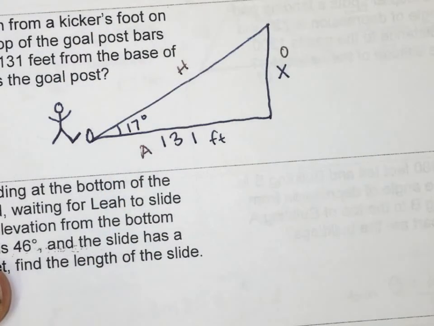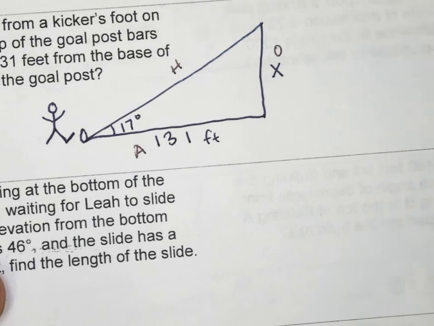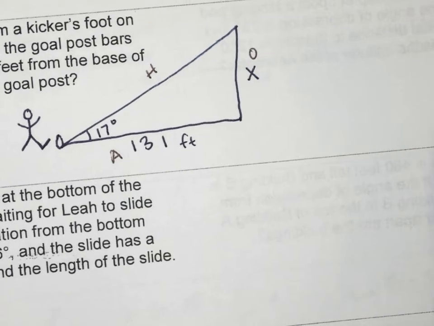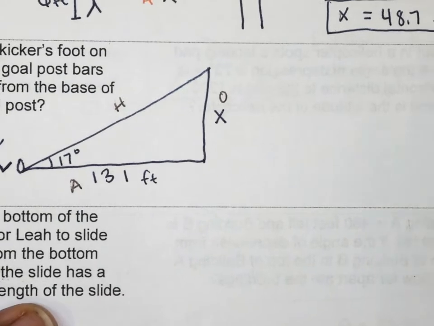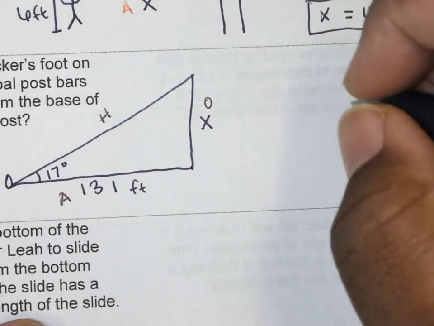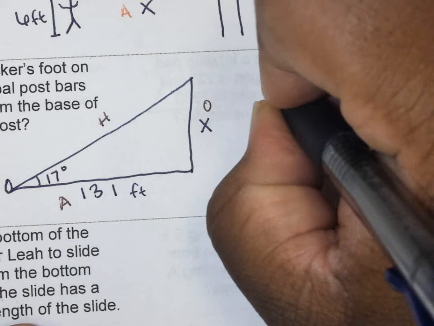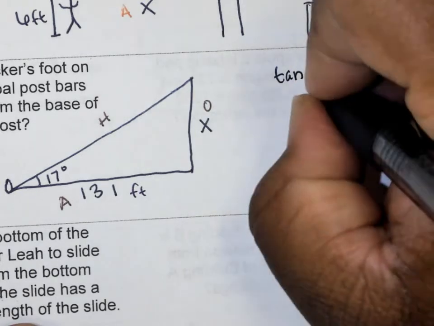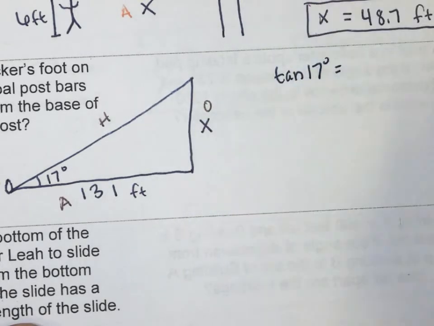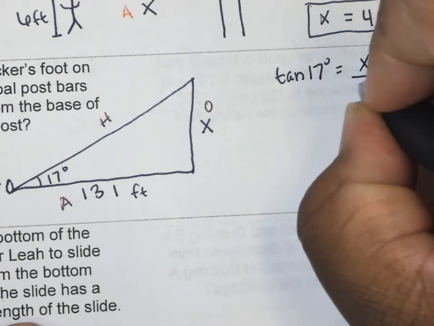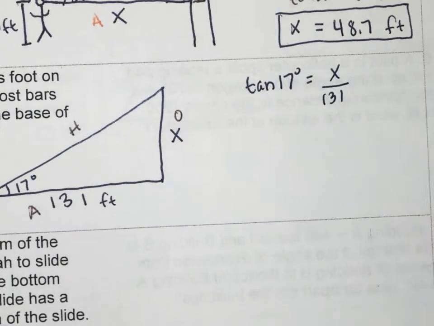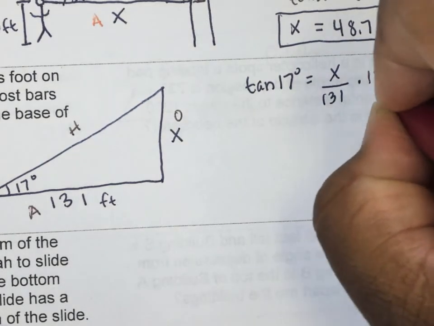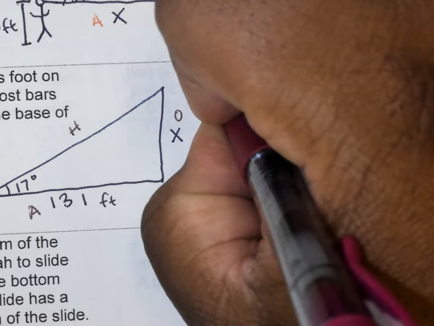SOH CAH TOA. I was telling them last class, a lot of these will be tan, but not all of them will be tan. Tan is a popular way to write word problems for some reason. But this one is tan. Tan of 17 degrees equals x over 131. Times 131, times 131.